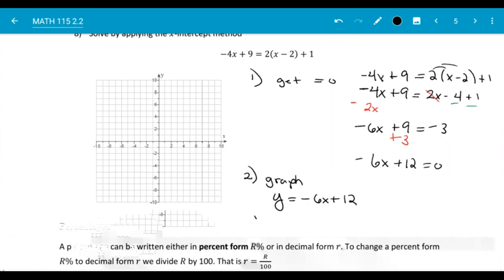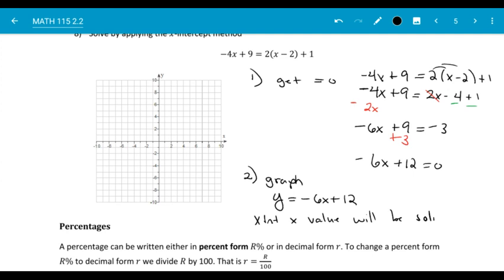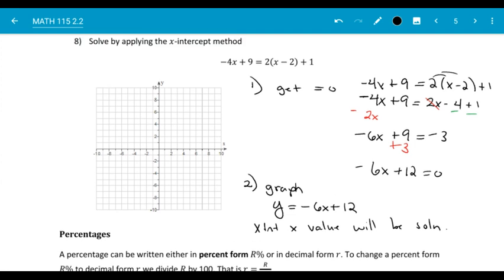The x-intercept's x value will be our solution, okay? So if we're thinking about graphing this, we start at positive 12, that'd be up here.